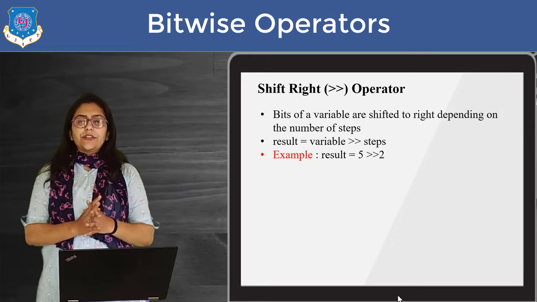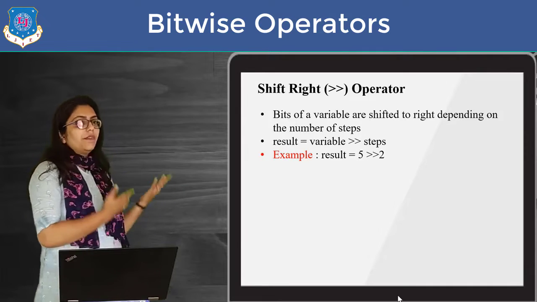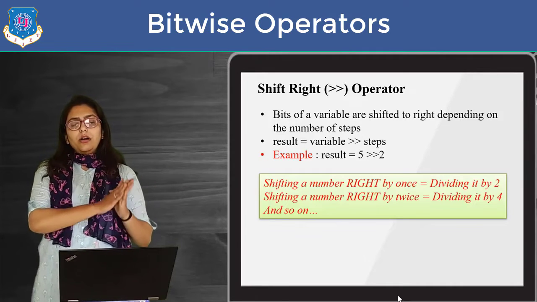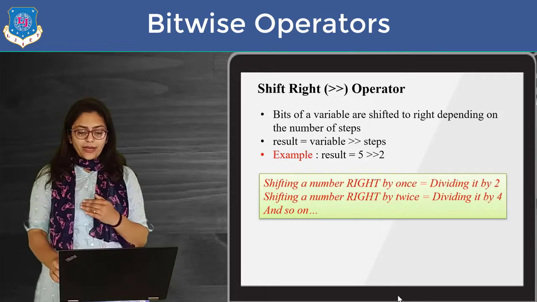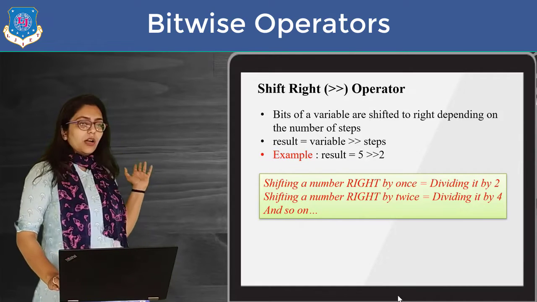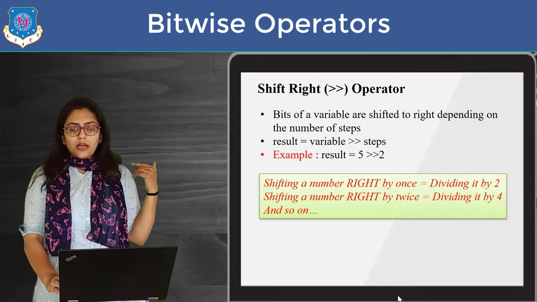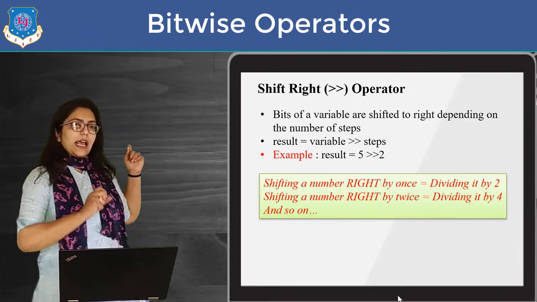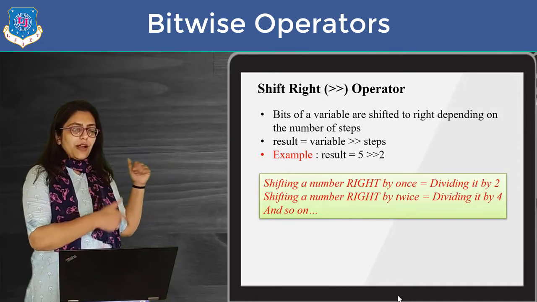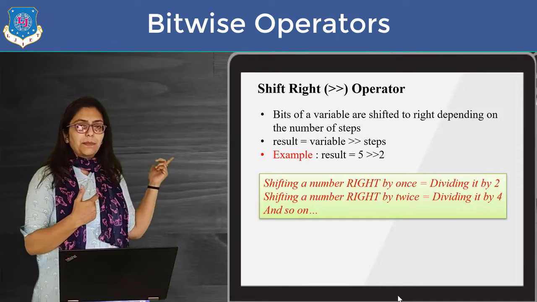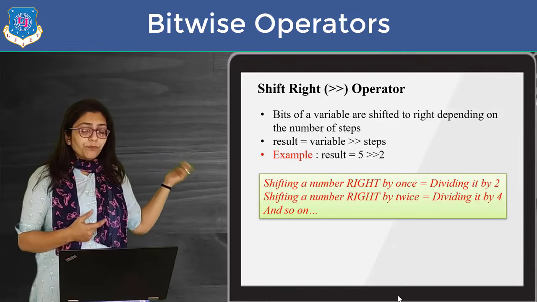Then right shift is similar to left shift, but here all the operation will be done on the right side. You can see the sign over here for right shift and how you can use the expression. As I told you, in left shift, whenever you shift left by 1 step, you are multiplying by 2.